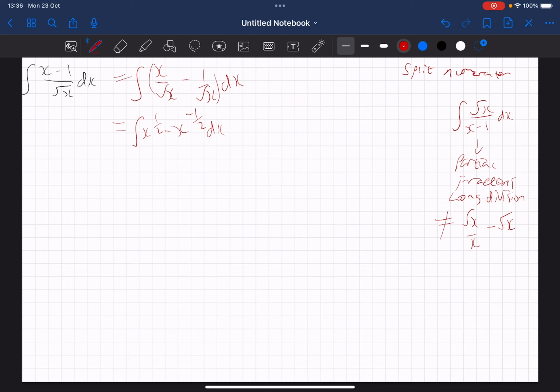Okay. So what we need to do is just integrate that term by term. So x to the half will be just 2/3 x to the 3 halves. That should be straightforward. And this minus x to the minus a half here would be minus 2x to the half. Well, we're putting a dx there, and a plus constant there, and c being a member of the reals. Good.